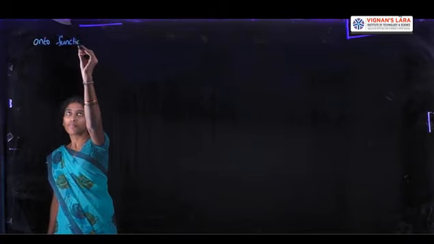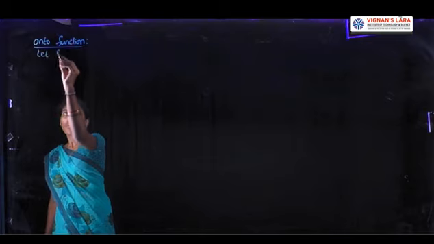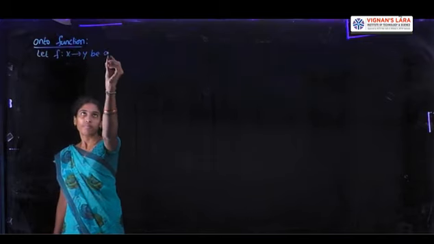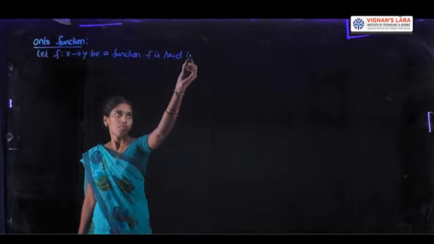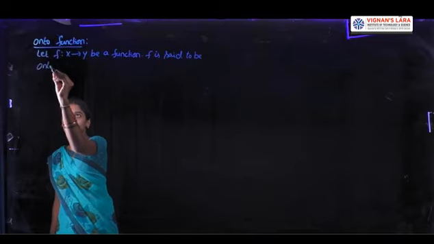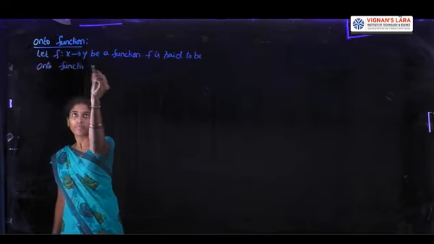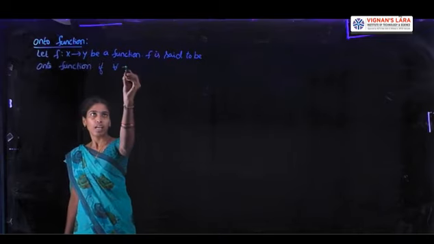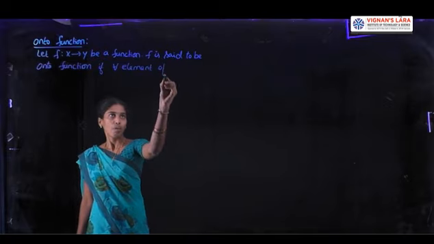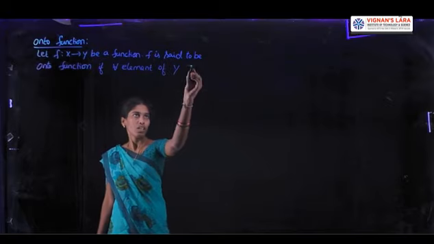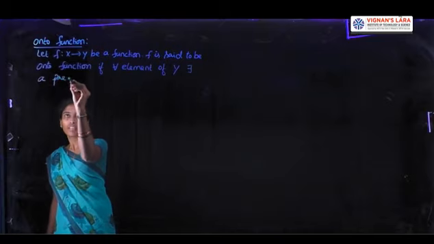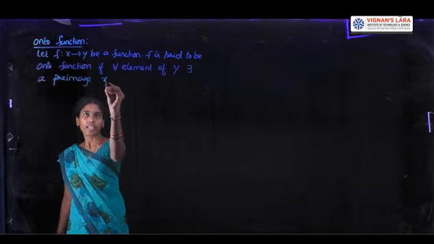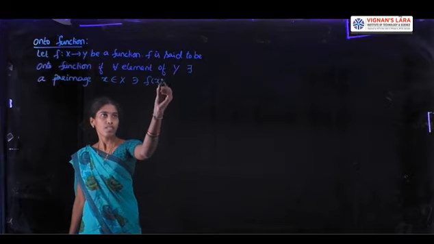Next, we see the definition of onto function. Let f from X to Y be a function. f is said to be an onto function if for each element of Y, there exists an image, a pre-image x belongs to X such that f(x) = y.